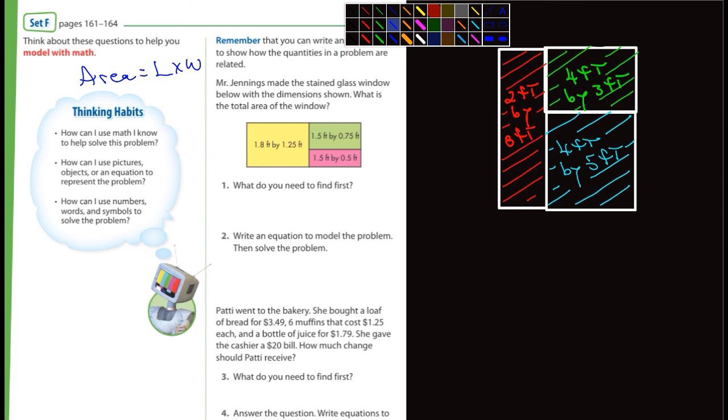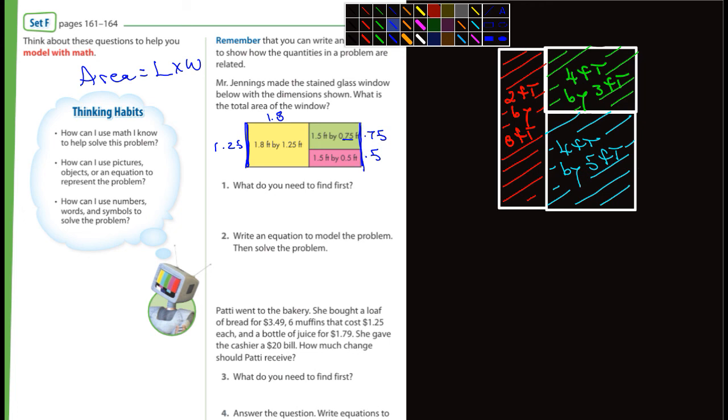So I'm going to guess this is the 1.8 and this is the 1.25. And that makes sense because the shorter length here is 0.75 and 0.5. Well, if you add those up, what do you get? You get 1.25. So this side here, and of course this side here, is going to be 1.25.